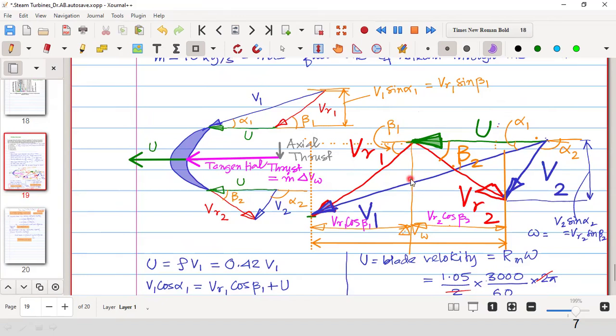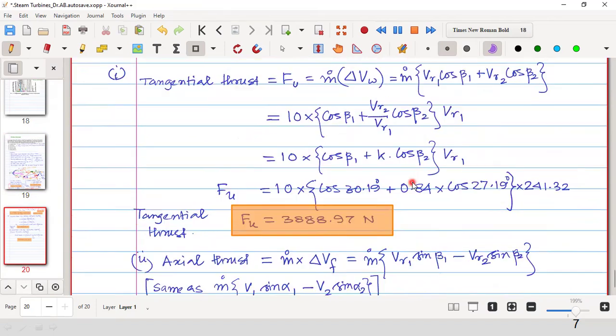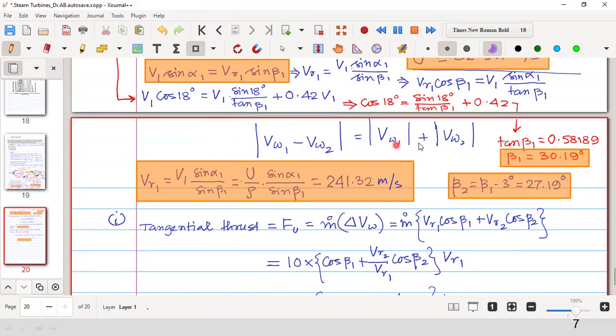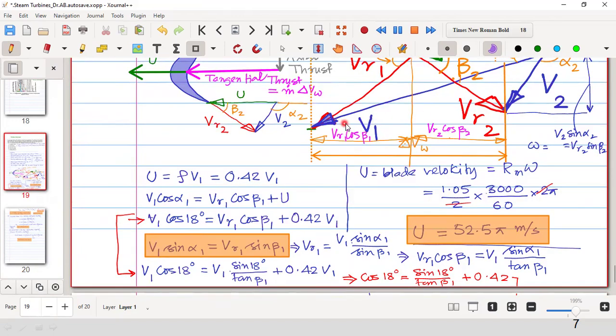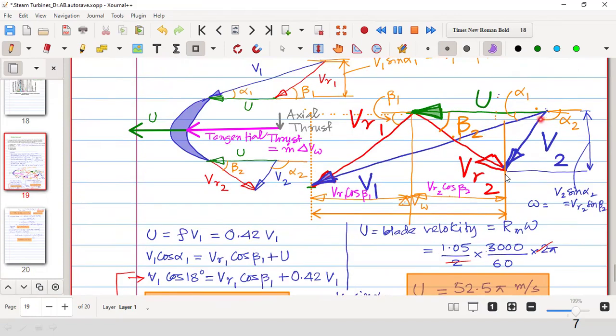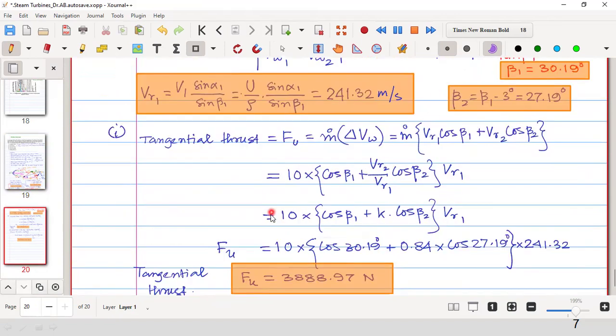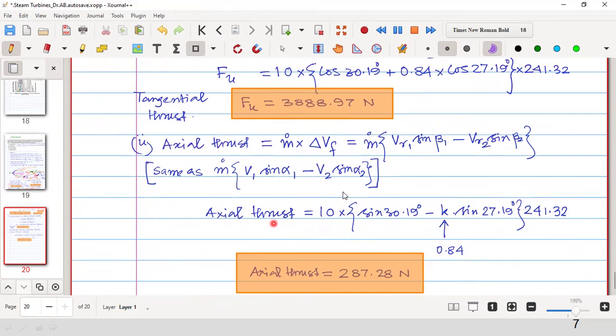Clear? Another thing you mentioned, sin alpha 2, can also be done the same way, but we have not calculated alpha 2, we do not know alpha 2. If I want to use this formula, then I have to calculate alpha 2 separately from this vector triangle, and then I can use it. So this is not necessary, without using that you can calculate it.